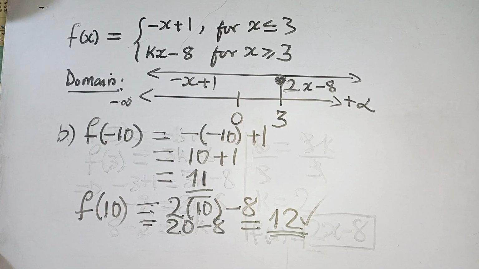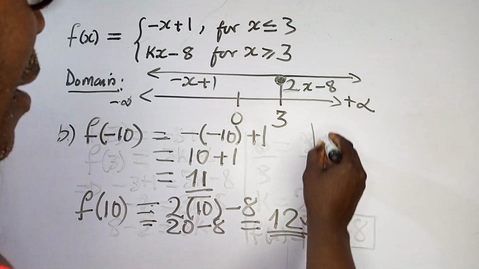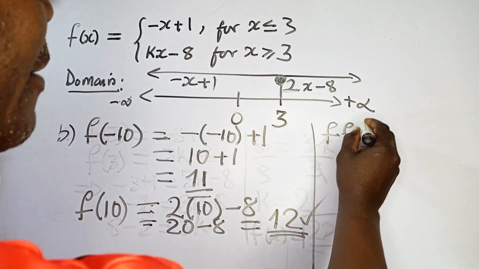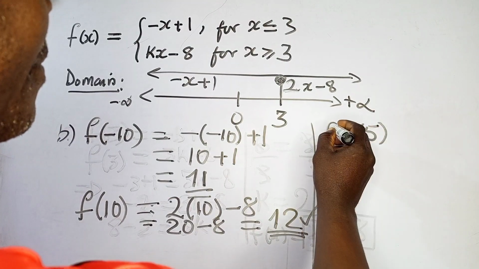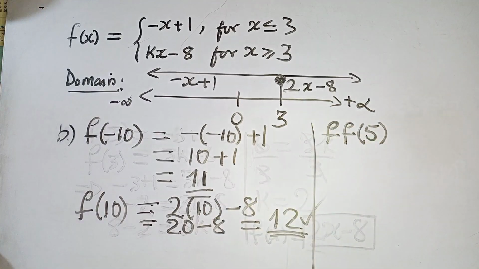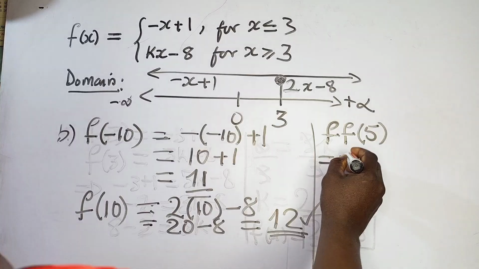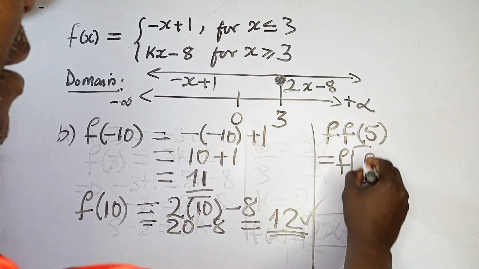Now, what about the composite function f of f of 5? All right, f of f of 5. This composite function simply means f will implement itself.